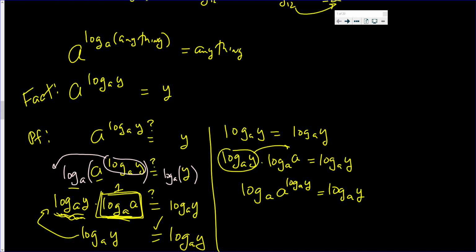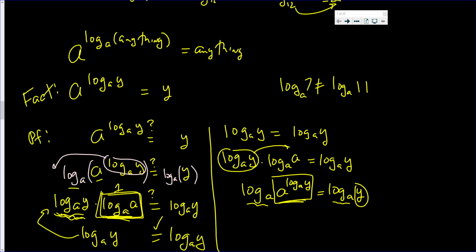So on the left side, I'm taking log base a of that, and on the right side, I'm taking log base a of that. But log is a one-to-one function. That is, you can't take log of two different things and get equality. The log of 7, I don't care what the base is, is not equal to the log, same base, of 11.